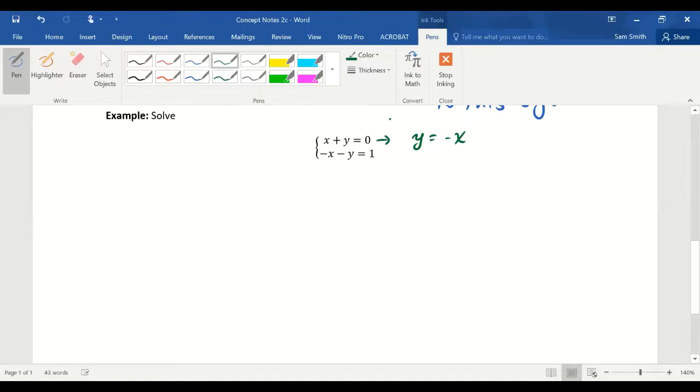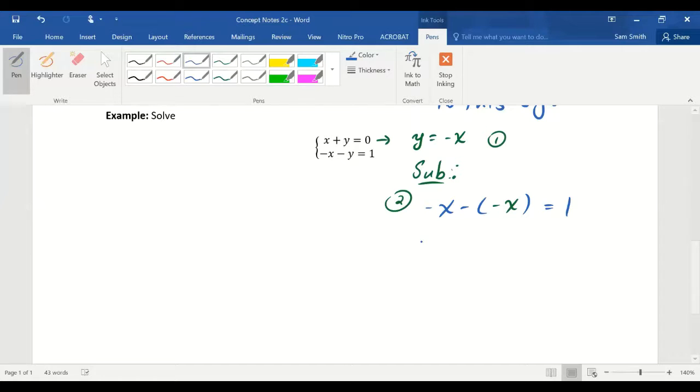If you're using method of substitution, I would then take this statement, y equals negative x, which I got from equation 1, and use it in the other equation. Every time I see y, that can be replaced with negative x. So I'll put a negative x into the second equation in y's position.